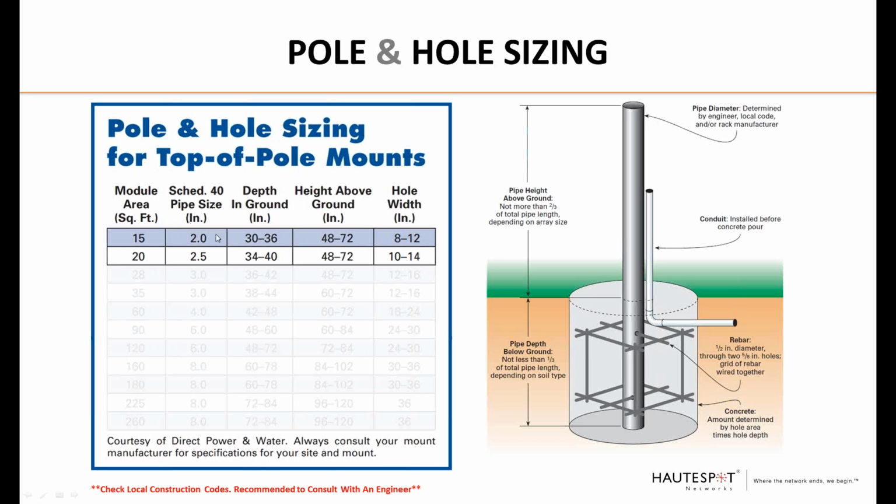This will give you a good frame of reference as far as the Schedule 40 size pipe that you'd need, the depth in ground that you will need in inches, and the height above the ground in inches for the pole or for the concrete footing here, and of course the hole width as well. So use this as a general guideline so you can factor in costing, but it's always recommended to consult a local engineer.